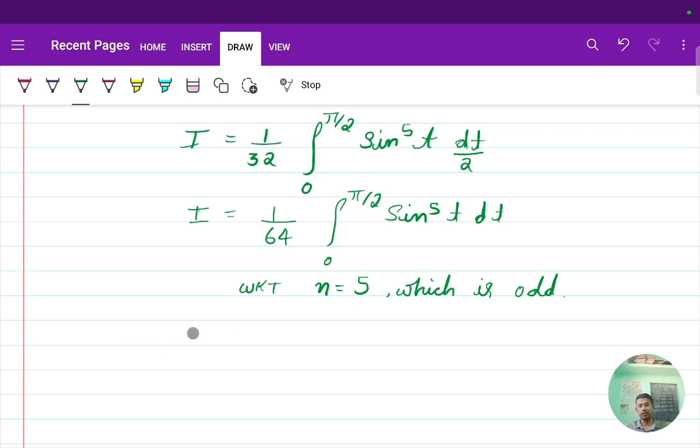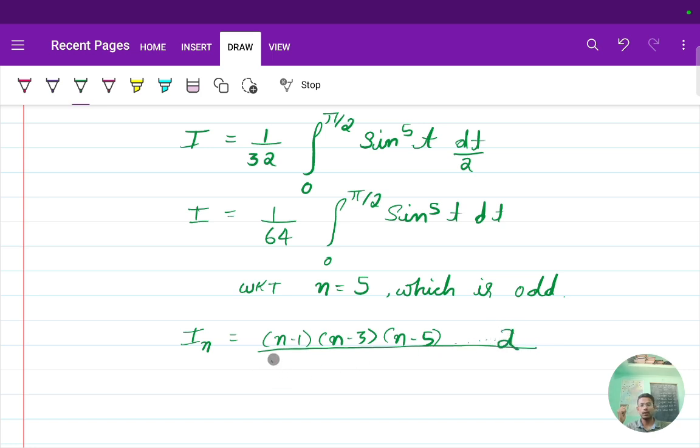So that is the reduction formula over integration 0 to pi by 2 sine power nx dx. We have In is equal to n minus 1, n minus 3, n minus 5, so on up to 1. Is it 1? No, it is 2.